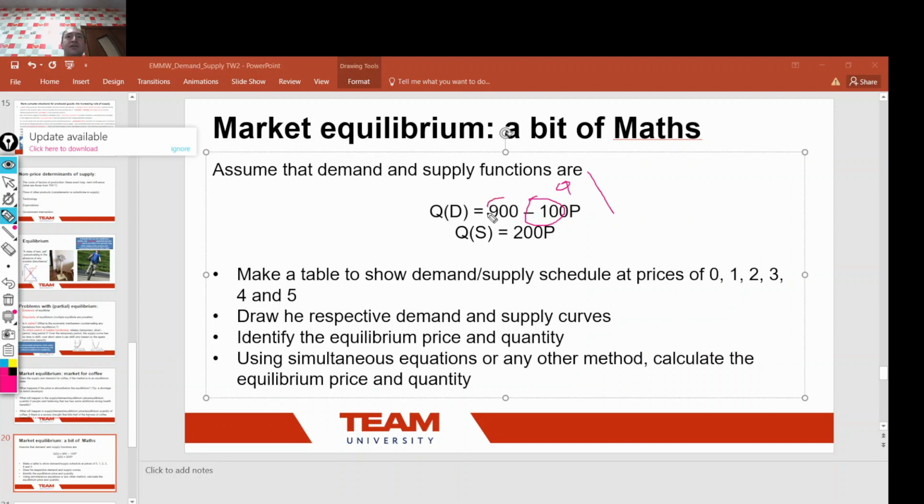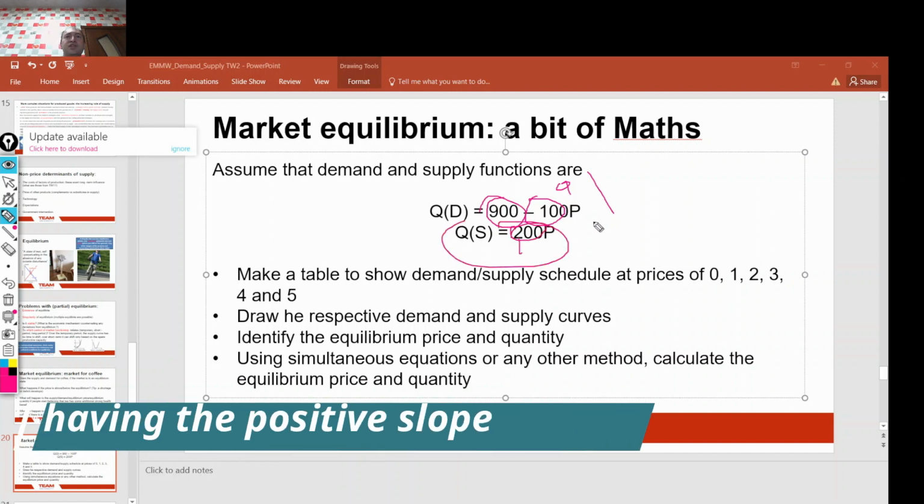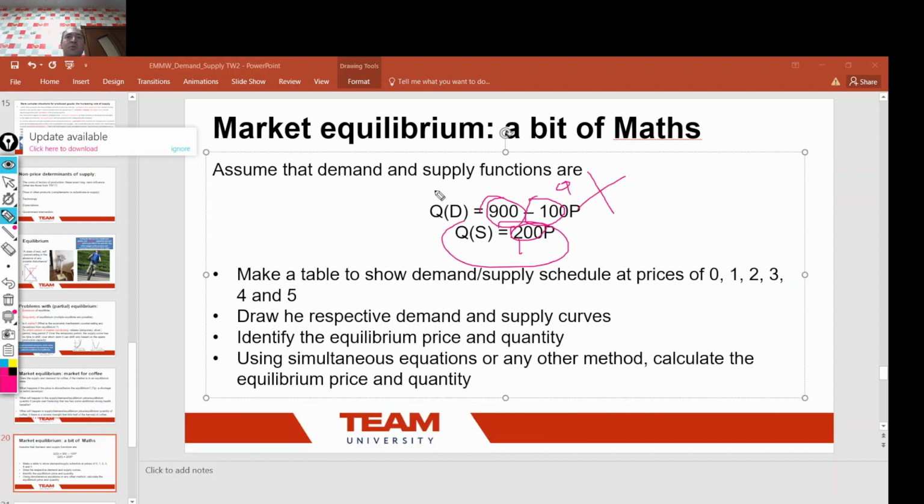And the intercept is positive, indicating that the curve will intersect the y-axis very high above the x-axis. And the supply curve, having the positive slope, is the upward sloping one, so it's okay. The normal good is being analyzed.